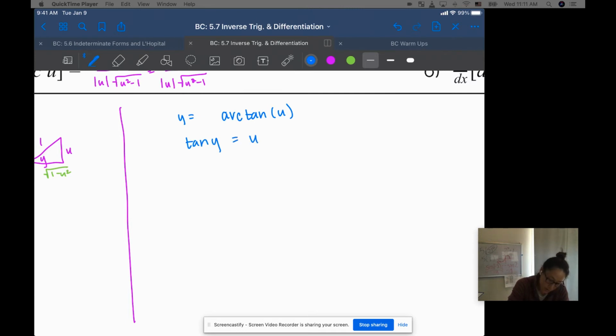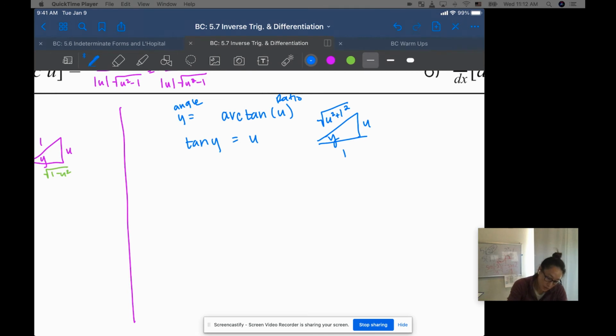Remember, this is your ratio and your angle. So we set up our triangle so we can set the lengths of each side. My angle is y, tangent ratio is u over 1. So let's go ahead and solve for the third side. I get the square root of u squared plus 1 squared is equal to the hypotenuse.